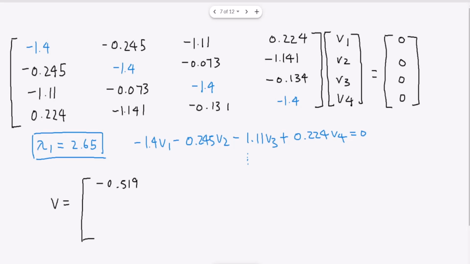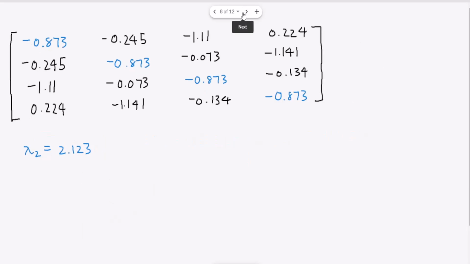Remember that I am rounding a lot of this, so when we plug this into Python later, our results might be off just a little bit, but that's okay. So this is the eigenvector corresponding to the eigenvalue of 2.65, and that is our first principal component.